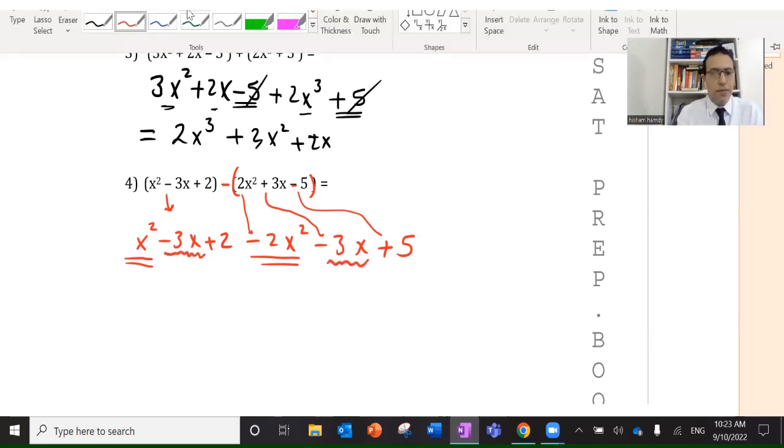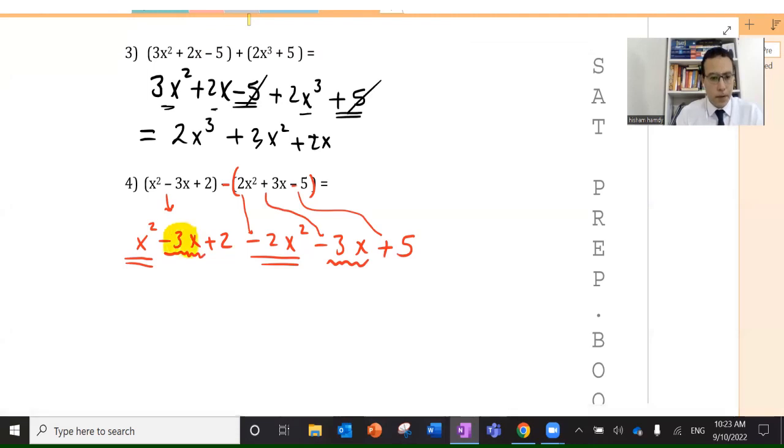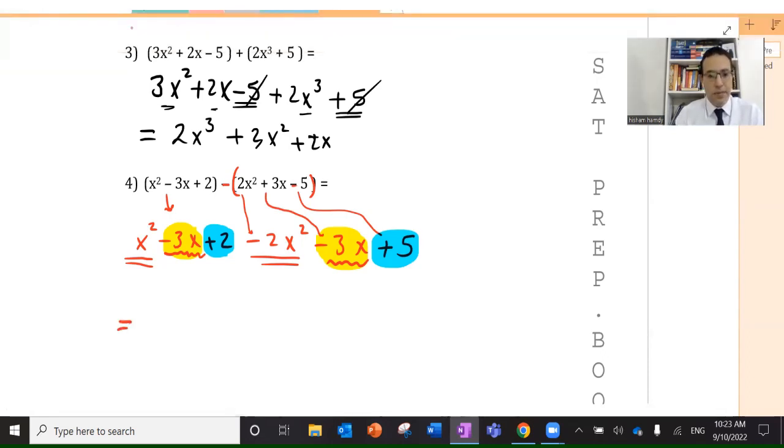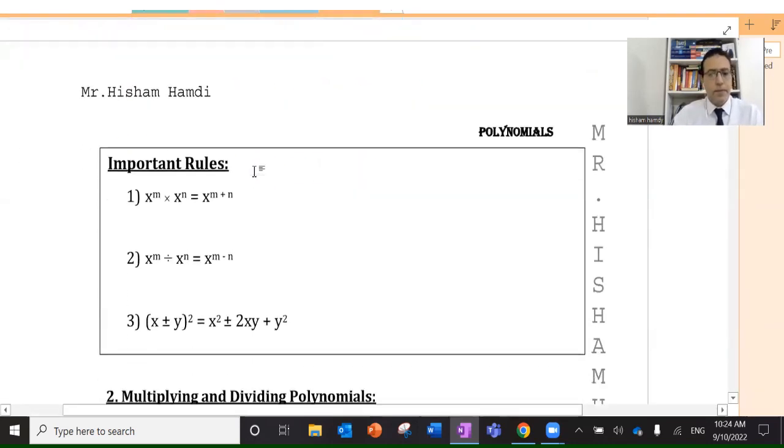I highlighted it for you. -3x and -3x are like terms. +5 and +2 are like terms. So the final answer is going to be -1x squared, because +1 and -2 is -1, -6x after I'm adding them, plus 7.